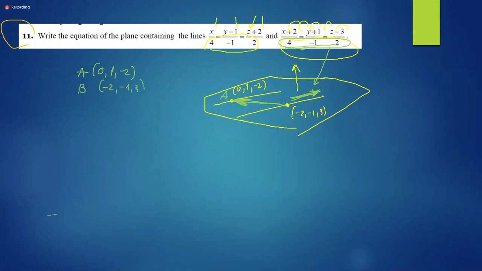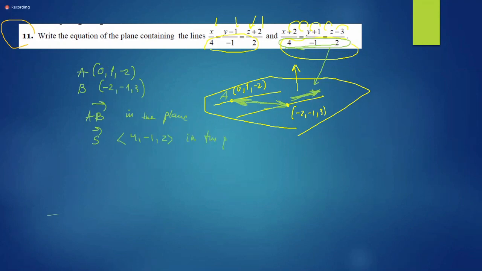And we would say, okay, the vector AB is in the plane. It doesn't matter which way it goes. And then the other vector, the vector S, which is 4, minus 2, 0, is also in the plane.